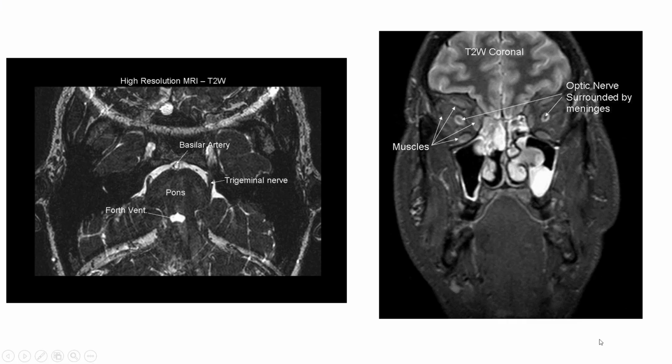So I just want to take a look at a couple of images here, and then we'll go over a few more images before we do the image review at the end of the week. But one image here of this fat saturated T2 weighted image, axial image.